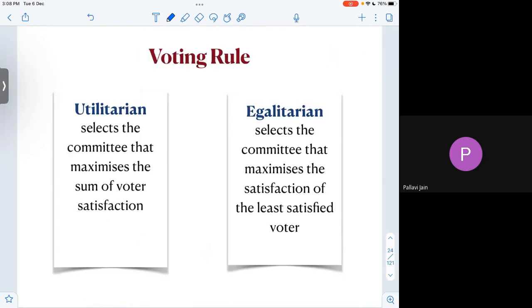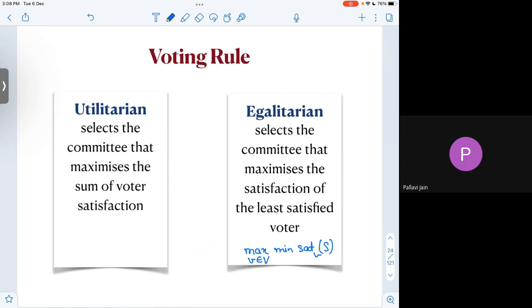So the next type of rule is the egalitarian rule. Here you try to maximize the least satisfaction of the voters. By satisfaction, I again mean the same thing. You look at the satisfaction of voters, look at the minimum one.